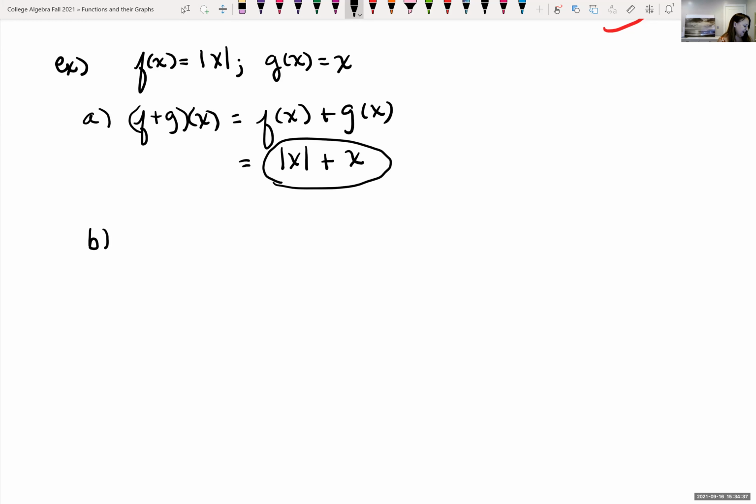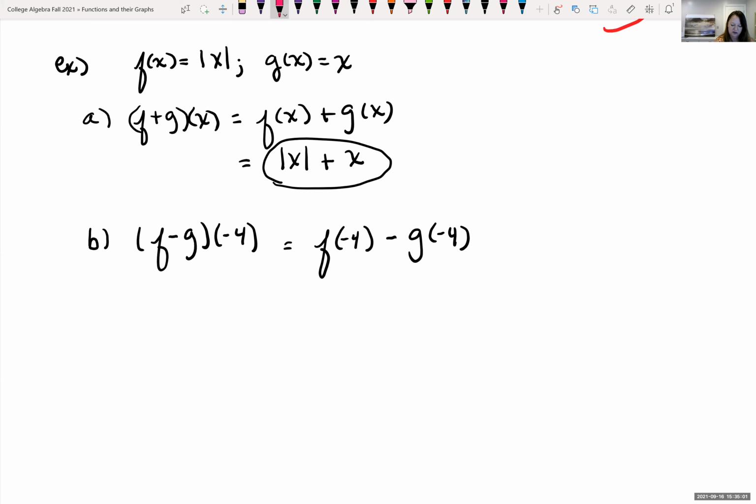If it asked us to find, how about (f - g)(-4)? There's a couple ways that we can do this. We can look at this as looking at f of -4 minus g of -4. This -4 inside the parentheses is representing that we're going to plug in -4 wherever we see an x in our functions f of x and g of x.